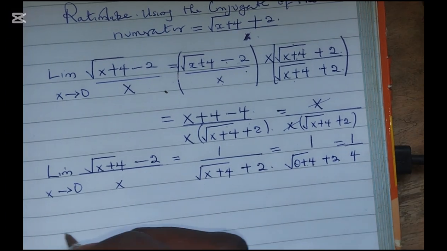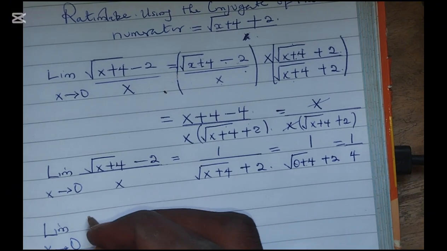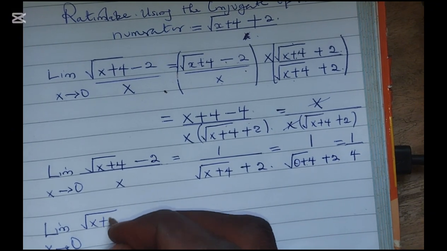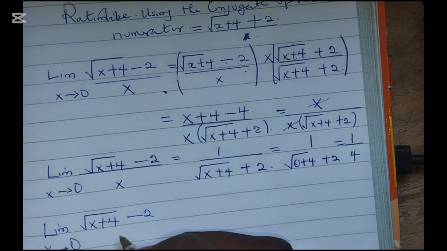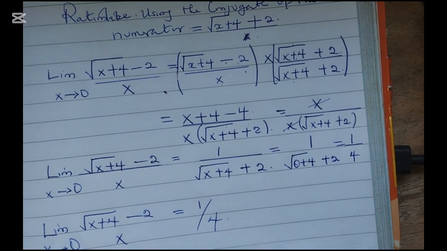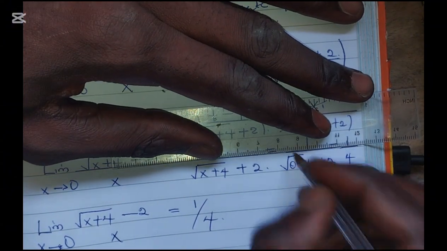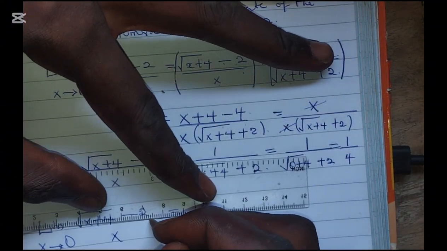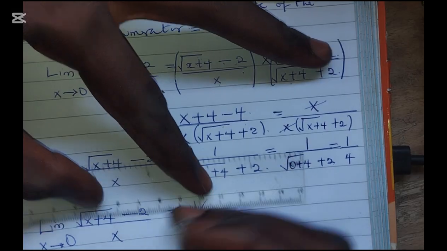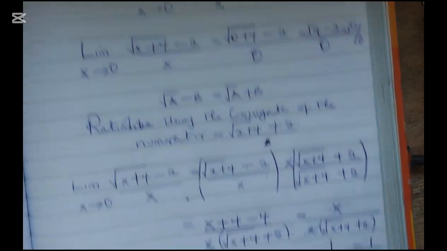So the limit of this function as x goes to 0, root of x plus 4 minus 2 all over x, is equal to 1 over 4. And that is it using the method of rationalization. Now let us apply L'Hopital's rule to this function and see what L'Hopital's rule gives us.